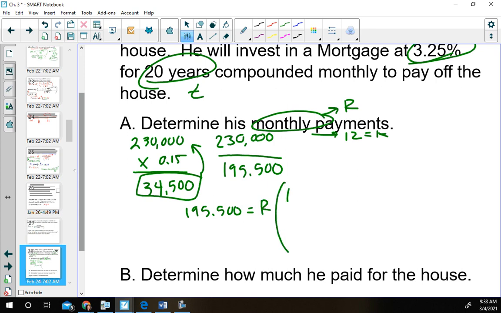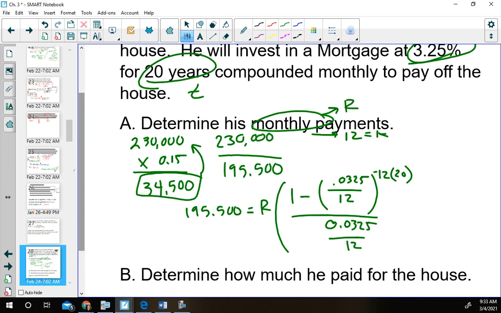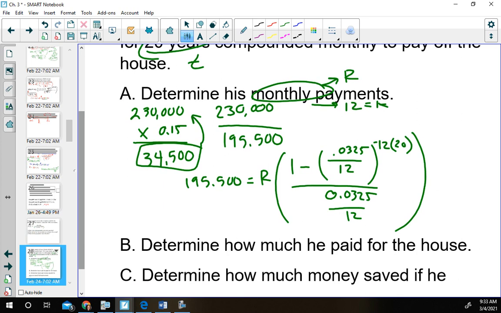So 1 minus the rate 0.0325 divided by my time. Okay, with my time and my other time, 20 years, all divided by that again. So try to kind of work through typing it in yourself.